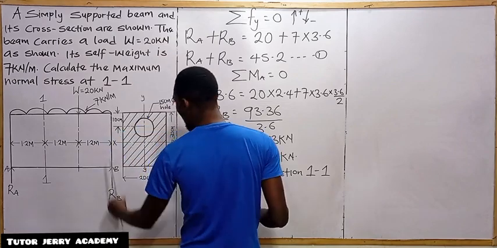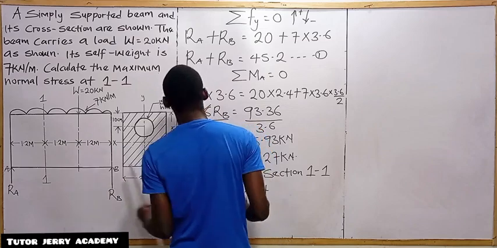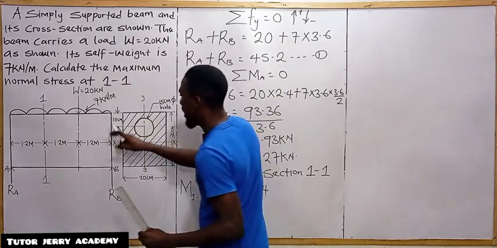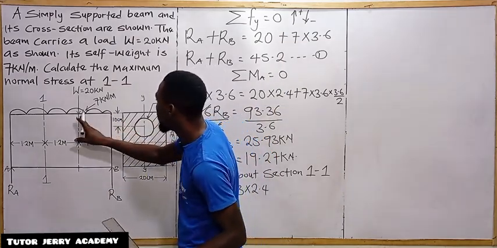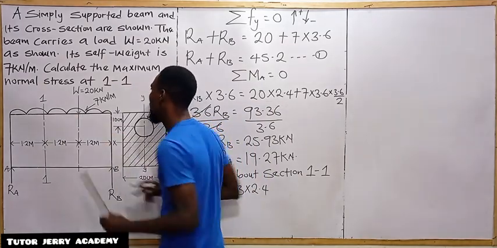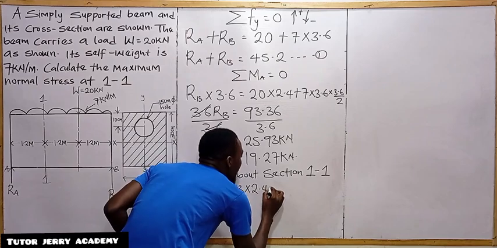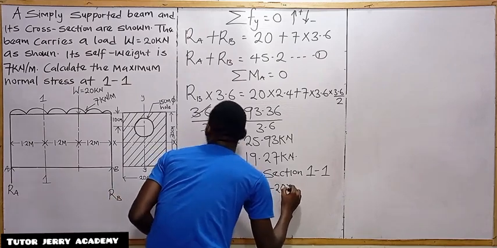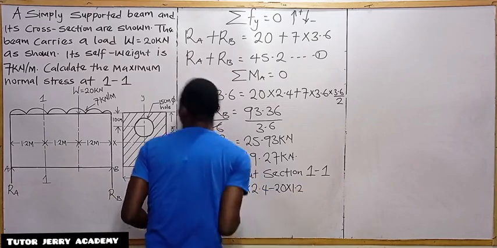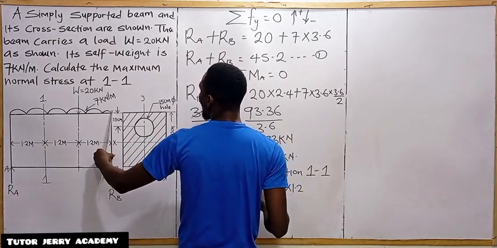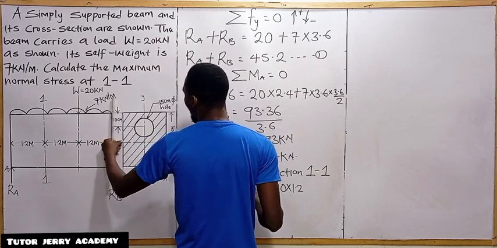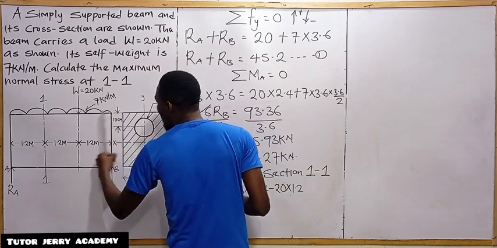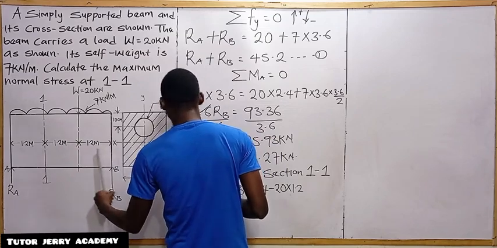That is an upward force, right? So yes, it's going to be positive. Then here too we have a point load, which is 20 times, and it's a downward force, so it's going to be minus 20 times 1.2. Then we have a uniform distributed load, which is 7, and it covers a total distance from this point to this point, which is 2.4.